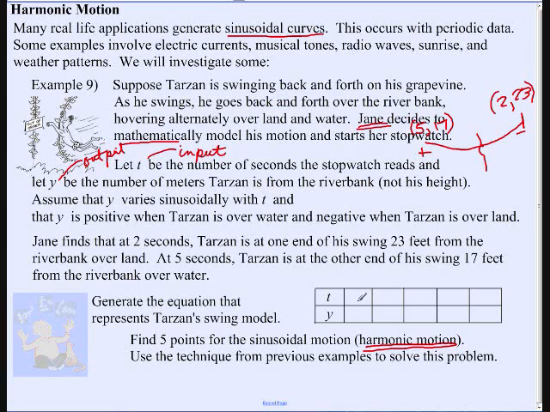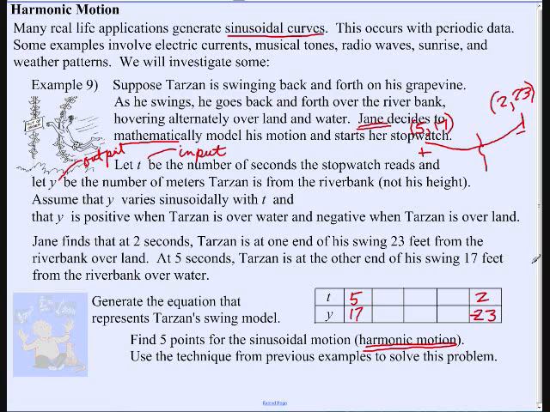Let's see. We know that one end of this is 5 and 17, and another end is 2 and 23. But I guess we'd say this one's a negative, wouldn't we?